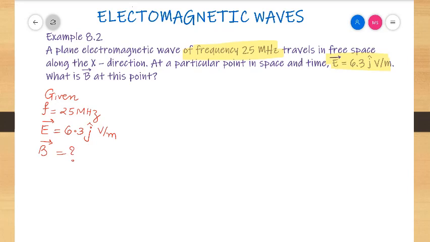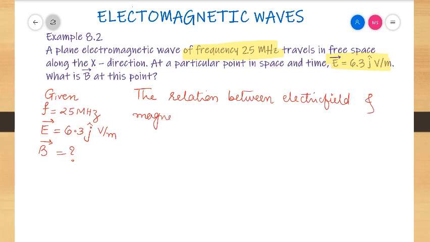Now, is there any relation between electric field and magnetic field? Of course, we know that the relation between electric field and magnetic field is E by B equals c.